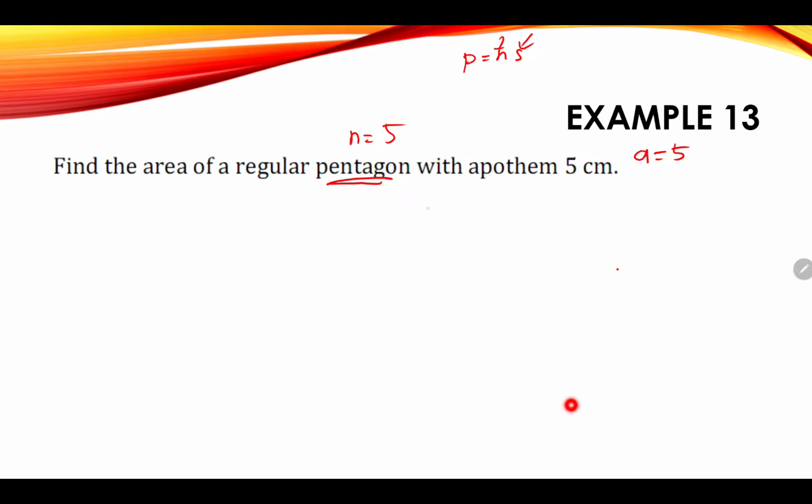So we draw a pentagon which has 5 sides. 1, 2, 3, 4. Sorry. Dia mesti sama side. Saya lukis ni tak nampak macam tak sama. Okay.